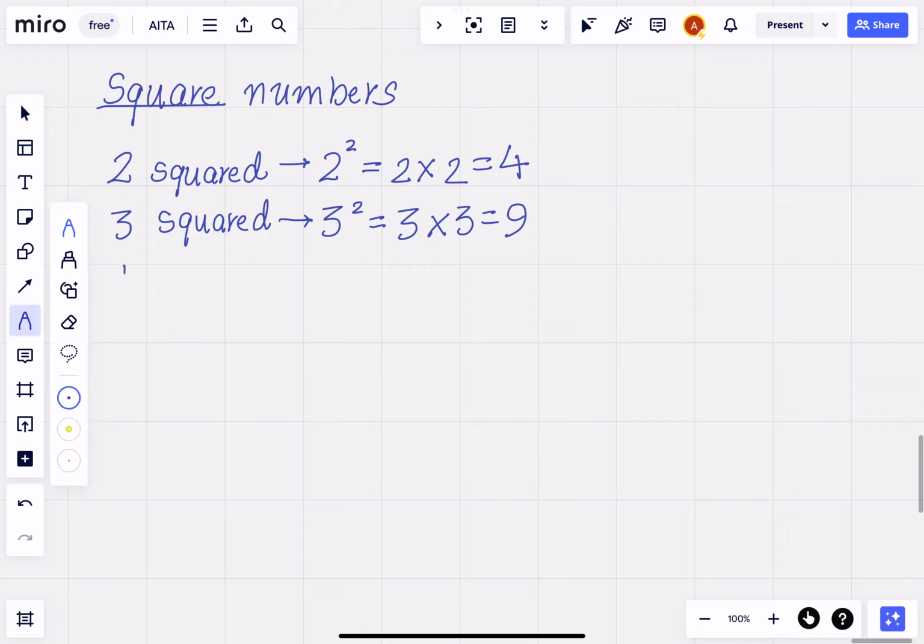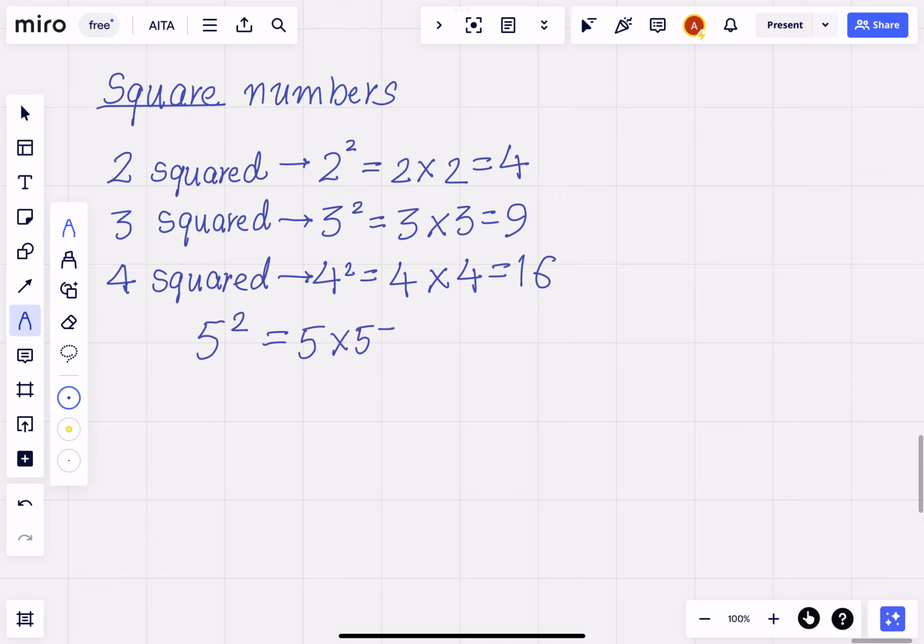So 4 squared can be written as 4 times 4, which is equal to 16. So now you know what 5 squared is. 5 times 5, which is equal to 25. And then you've got 6 squared, which is equal to 36.